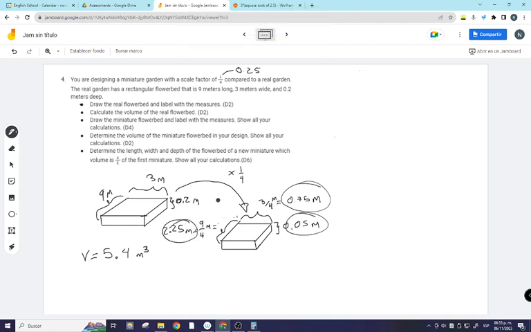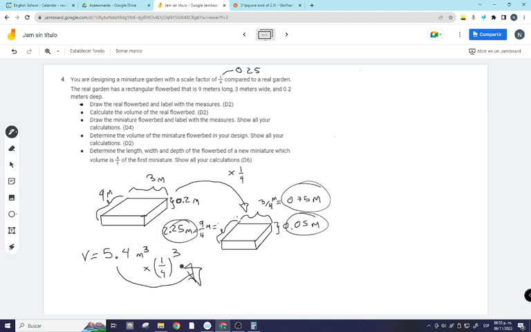Okay, now determine the volume of the miniature flower bed in your design. So once again, you had to do the same. You could basically multiply these three measures, or apply the scale factor cubed, so multiply times 1/4 cubed, and you will get basically the same result.